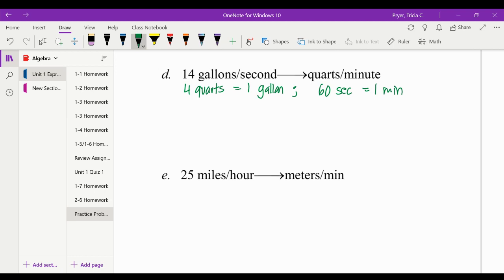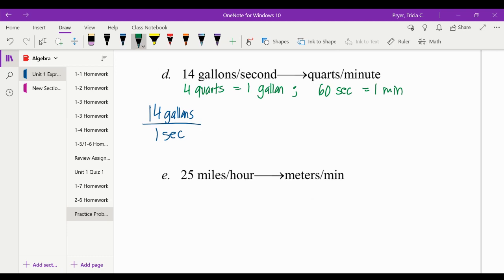Then from there we can make our conversion factors. So starting with 14 gallons in 1, I know it says per second, but that means there's 1 second. And let's go ahead and start with changing gallons to quarts.